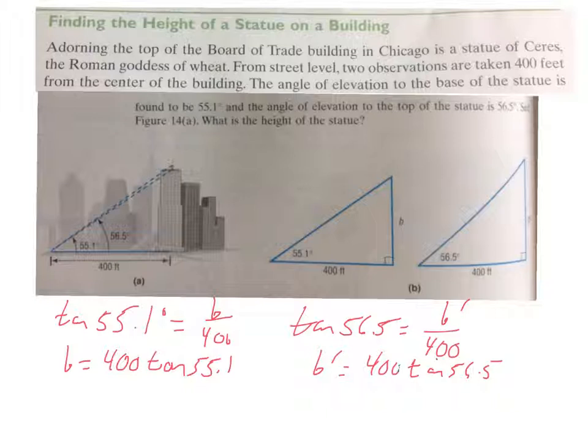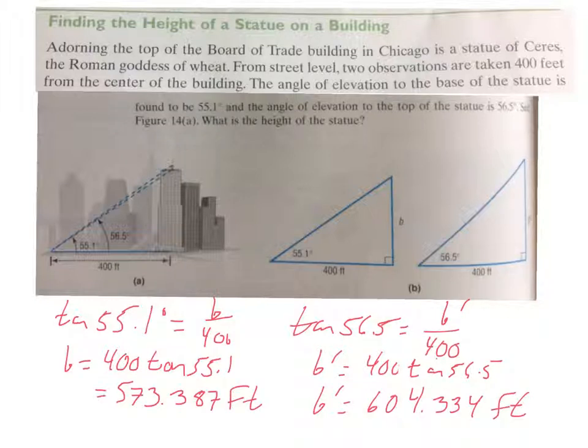And so from that we get that b is equal to 573.39 and b prime is 604.33. And if we go ahead and subtract b from b prime, we'll get approximately 30.95 feet.